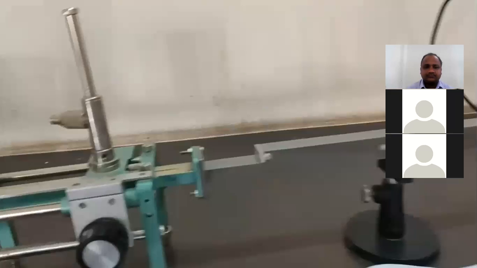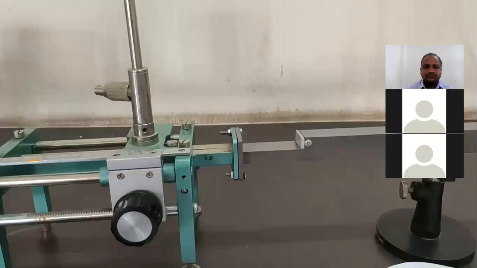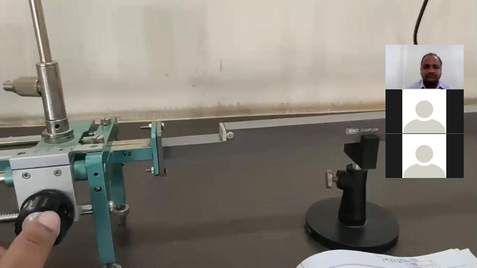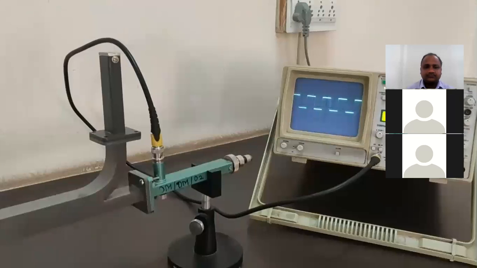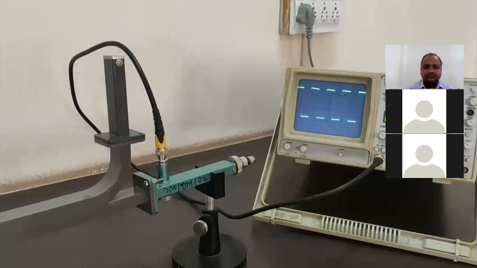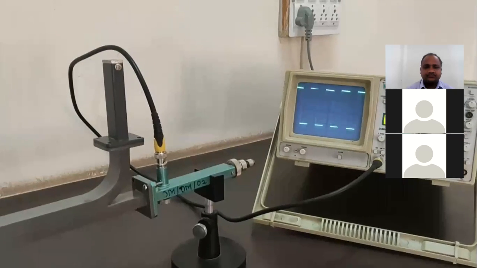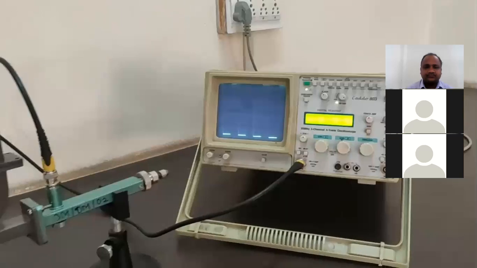For finding VSWR, we have to move the wheel on this slotted section. Whenever we move this wheel to the left side, as we are moving, this amplitude is increasing, again increasing, still increasing.